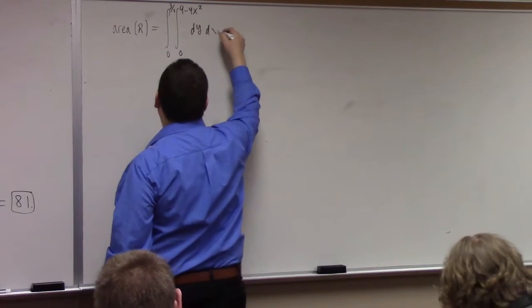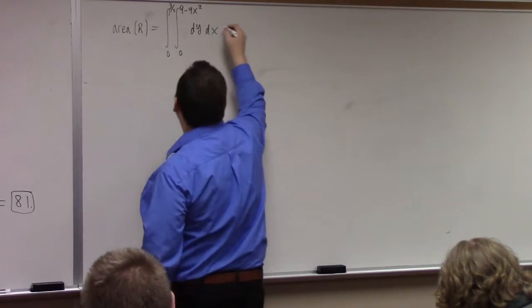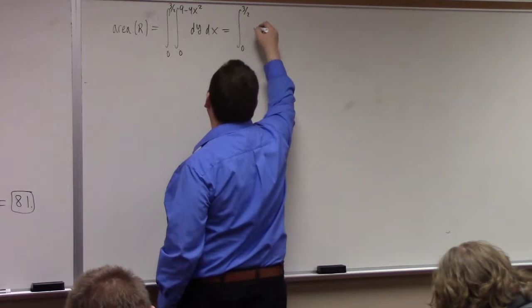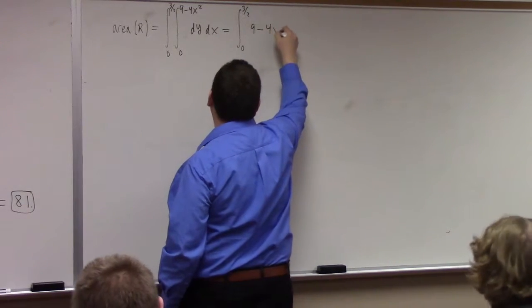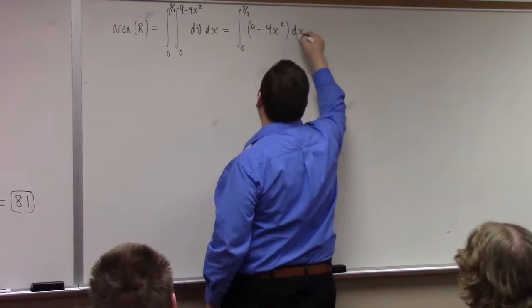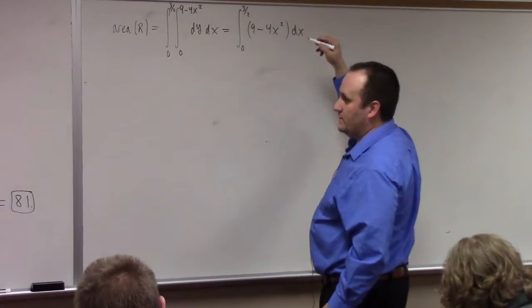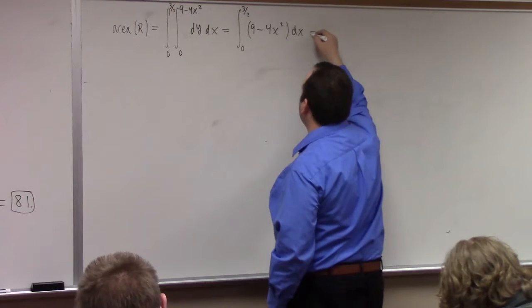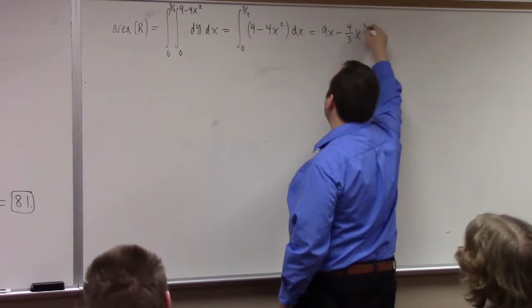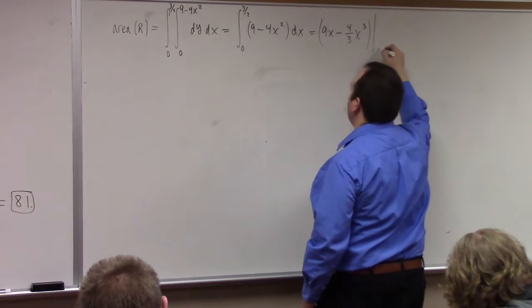I'm doing it my calculus 3 way, but of course, Sam was just telling me I just need to do this integral, which is fair. We've known that since calculus 1. So it's just giving us a new way to understand things we already knew from before. That's 9x minus 4/3 x cubed, evaluated from 0 to 3/2.